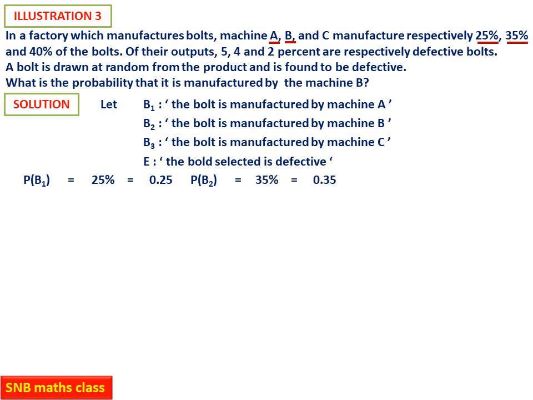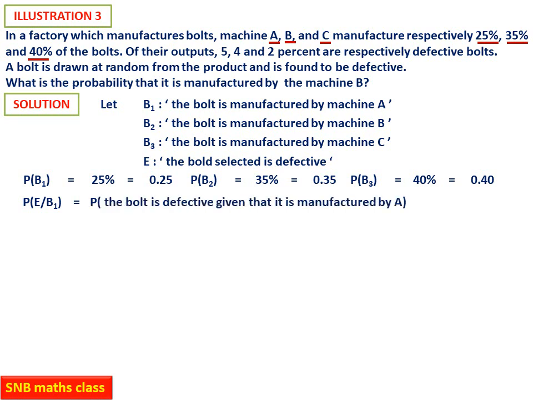Therefore, probability is 0.35. Then probability B3. You can see C produces 40%. Therefore, 0.40. So this is probability B1, probability B2 and probability B3. Now what else is given? You see, probability E given B1 is given. See, look here.